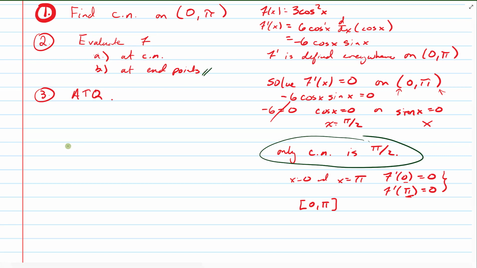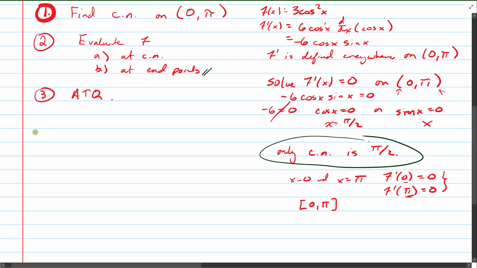So now we're ready to go ahead and evaluate. Let's do step 2 now. So step 1 is done. Step 2, let's evaluate at the critical number. For our critical number, we're going to evaluate f of pi over 2. And for our endpoints, we're going to evaluate f of 0 and f of pi.